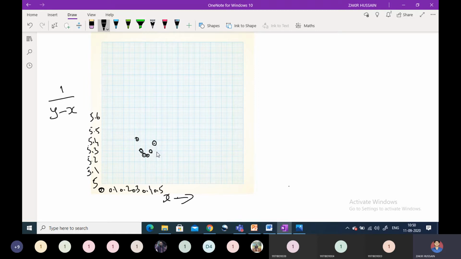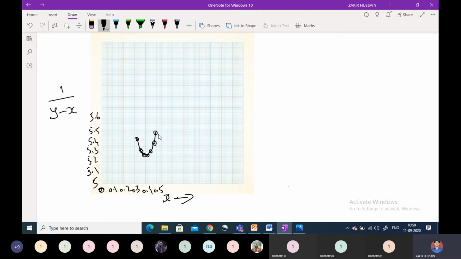And 0.5 with 5.464, which is here. So your curve will look like this. We can also expand the x-axis.